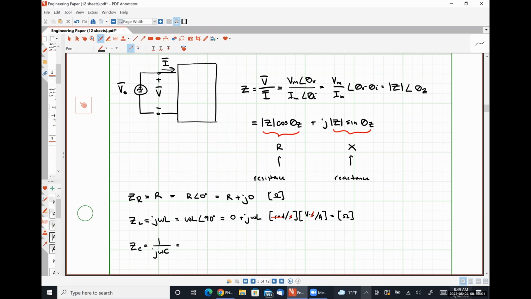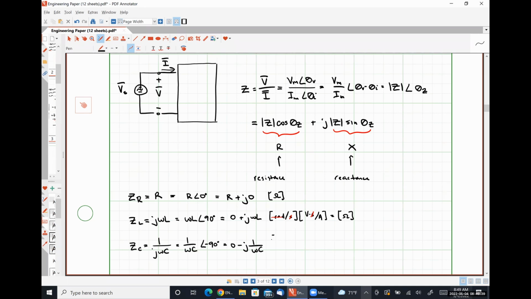Which is going to look like 1 over omega C with an angle of negative 90 degrees, or 0 minus J times 1 over omega C, where I'm using the fact that 1 over J is the same thing as negative J, which we discussed when we did our complex number review, I guess last Friday, whatever day that was.